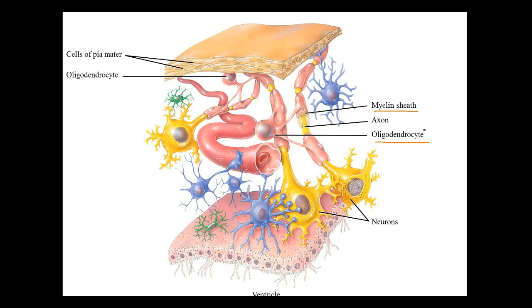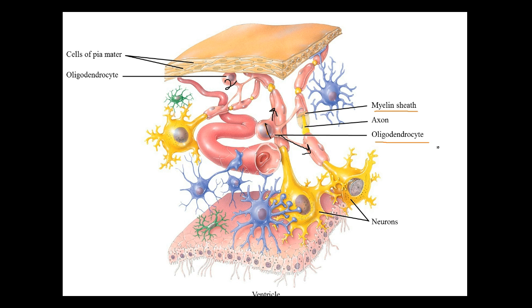I want you to also look at this picture. Here is one oligodendrocyte. Here is a second oligodendrocyte. If you follow the projections, this projection is going to this neuron, and this projection is going to a different neuron.